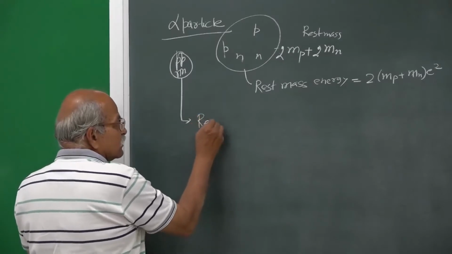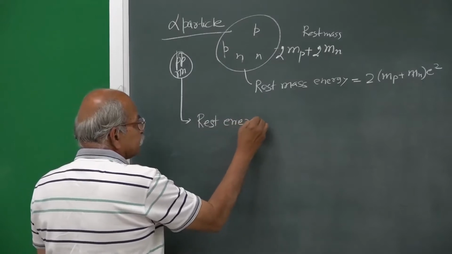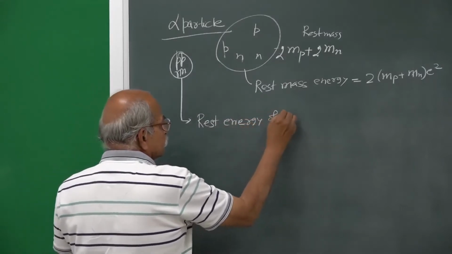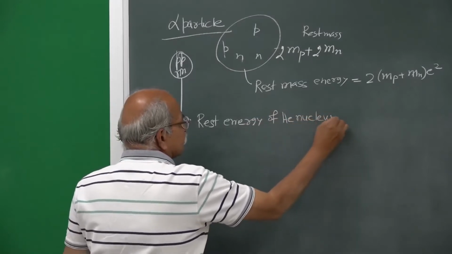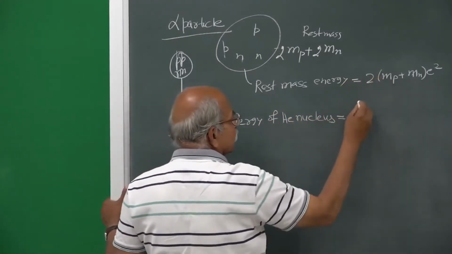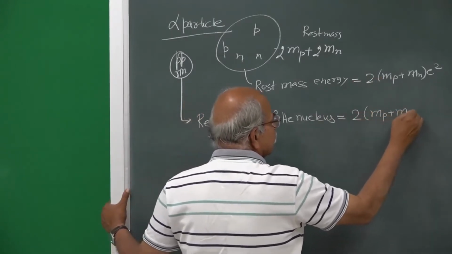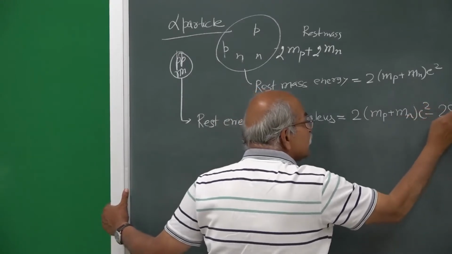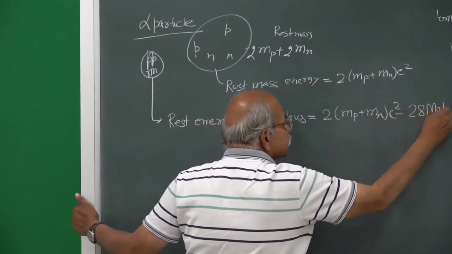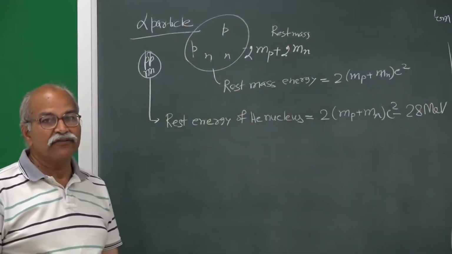The rest mass energy of the helium nucleus or alpha particle is this quantity, 2 mp plus 2 mn times c square, minus about 28 mega electron volts, 28 point something MeV.